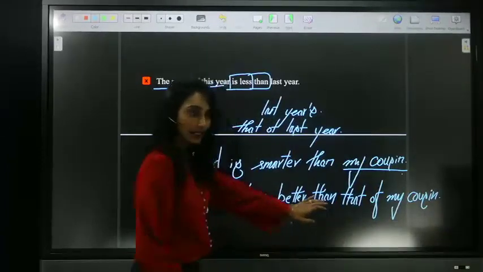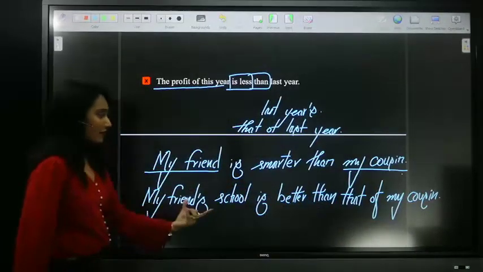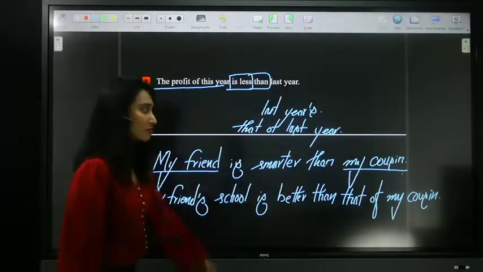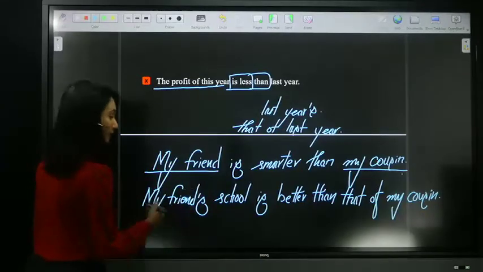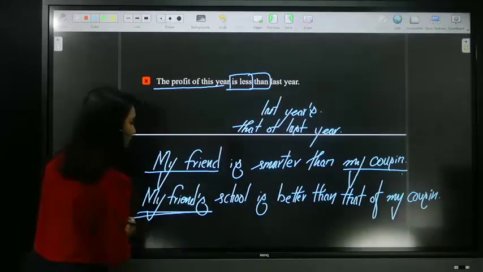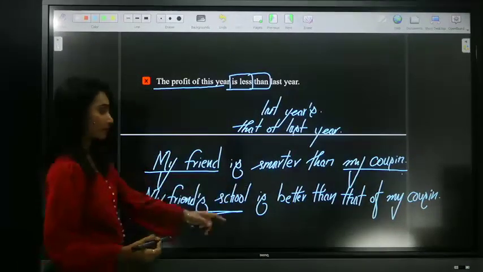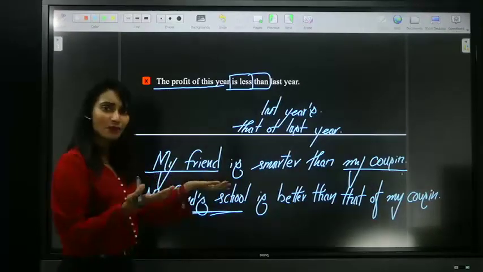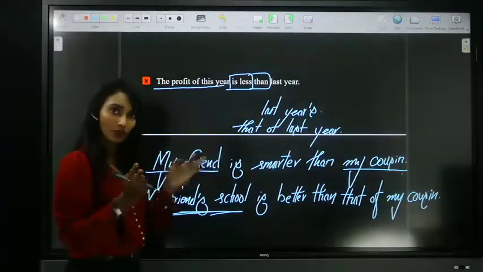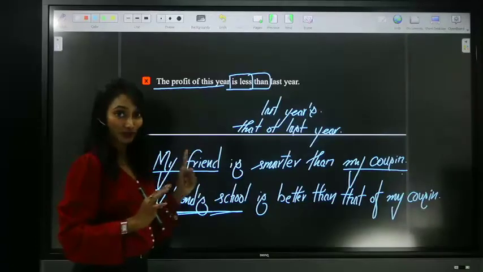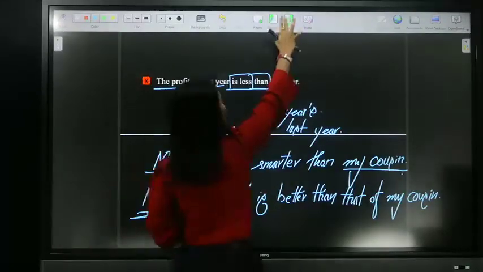So did you understand the difference here? My friend's school is better than that of my cousin. So here we are giving possession, hence that will come. Here there is no possession. Simply we are talking about the quality of two. Then no possession. Right?